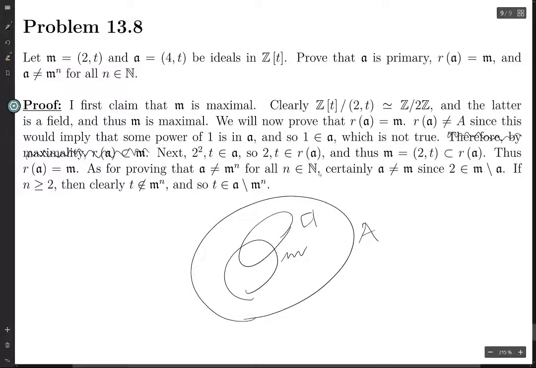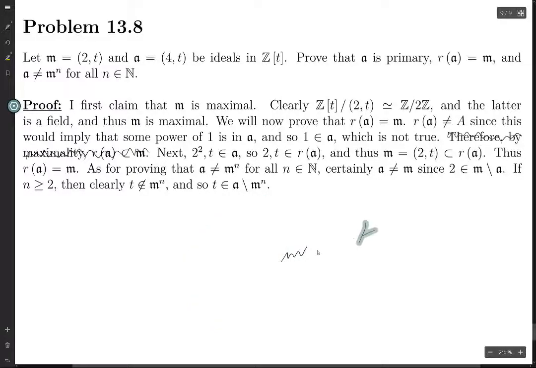Well, this is completely fine, because this ideal does not contain all of m, and so maximality doesn't tell you anything about this. This is completely legal.